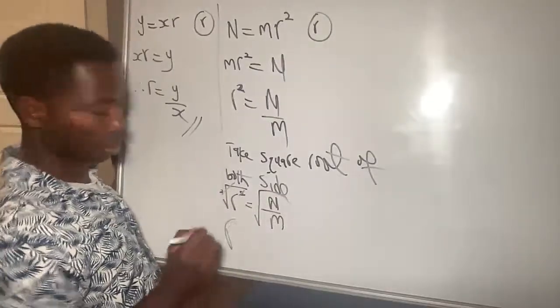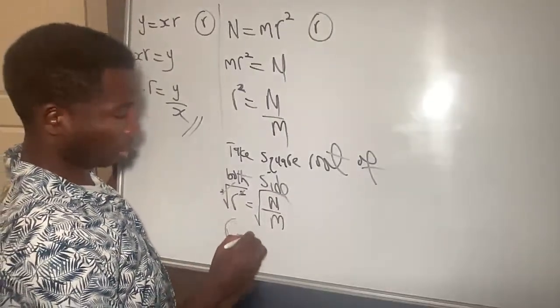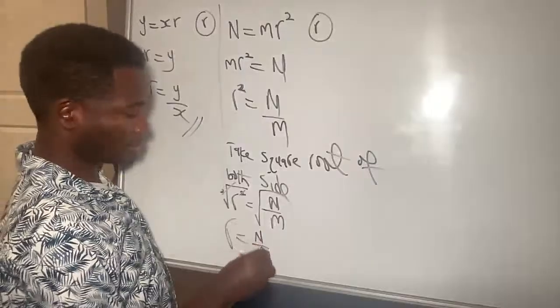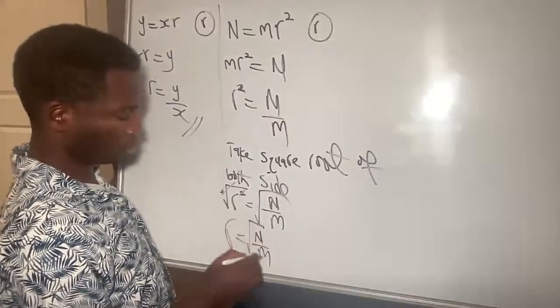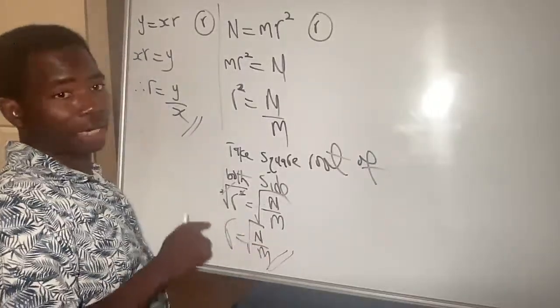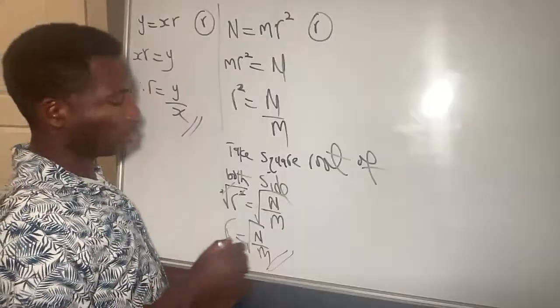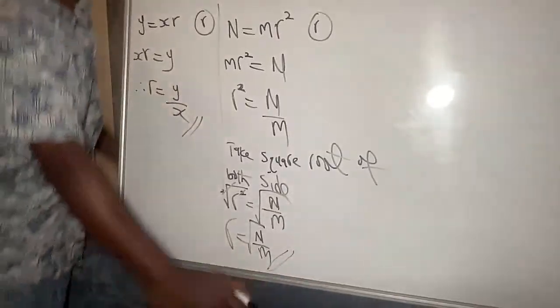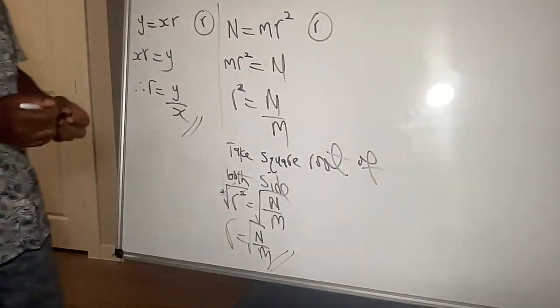R is remaining, is equals to the square root of N over M. Now R is the subject of this formula.